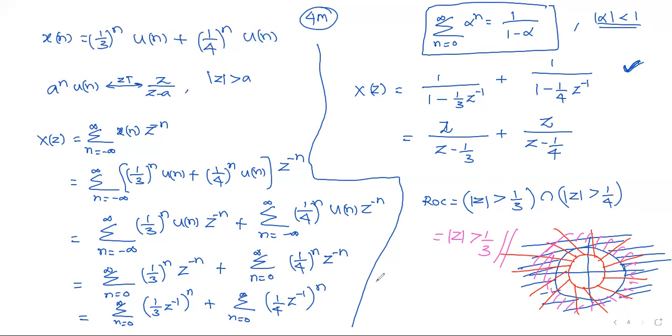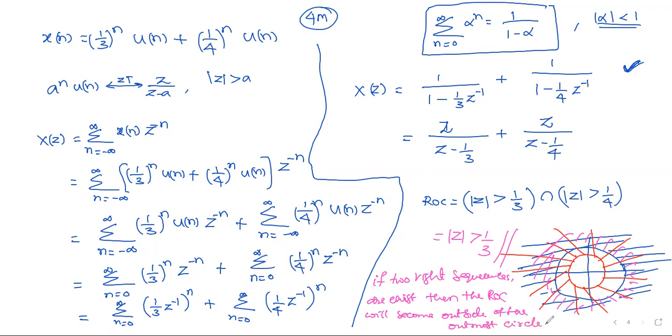So from here, if two right-sided sequences exist, then the ROC will become outside of the outermost circle.